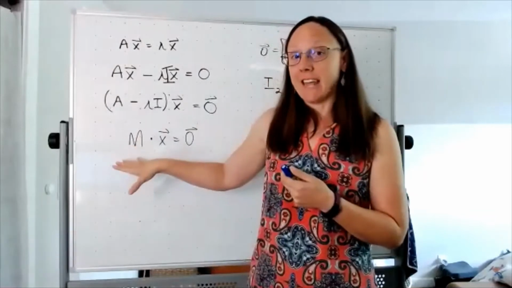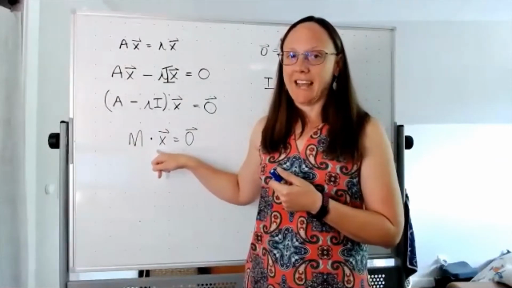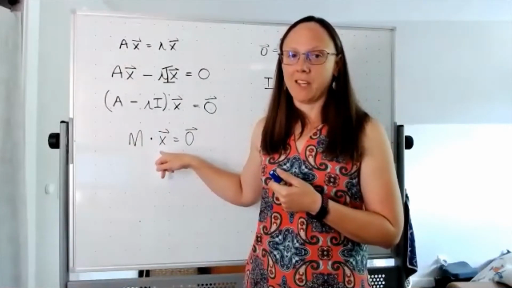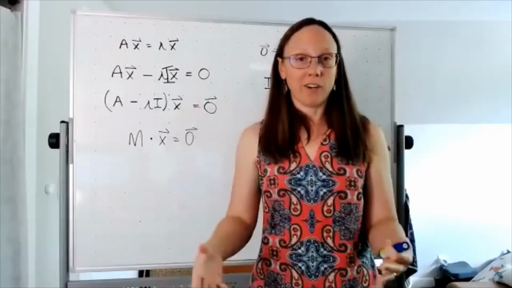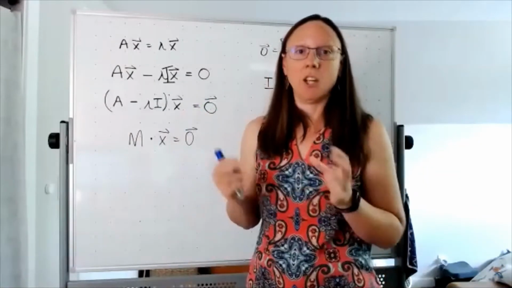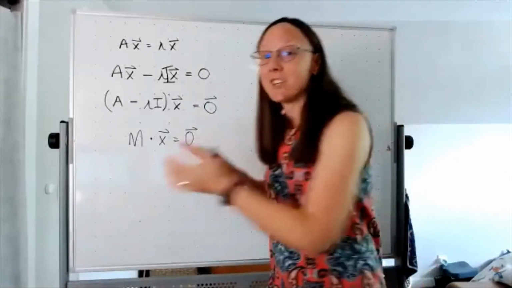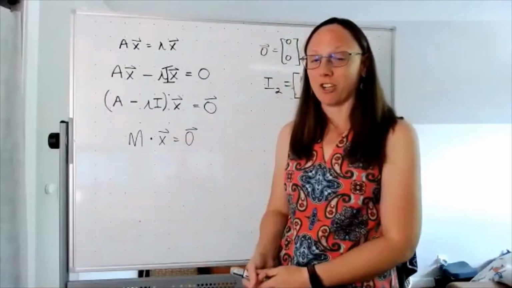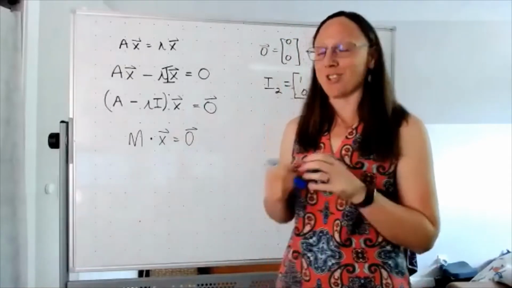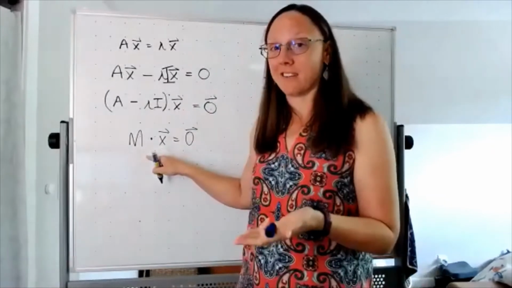If I can find M inverse, then our only solution is that X had to be 0. I don't want all the critters to be dead, so to look for the interesting, non-trivial solutions to this equation, we need for M inverse to not exist.